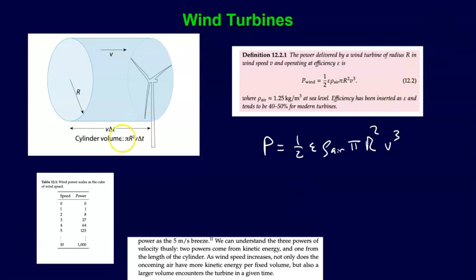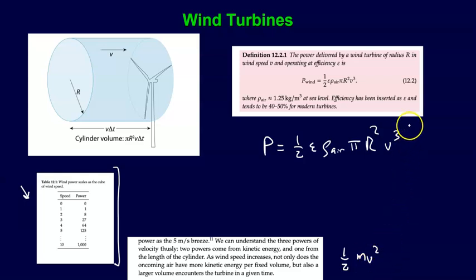And the author points out that having this go as velocity to the third is not very common. It means this thing really starts to get going at high speeds. As the speed gets bigger, it's going to be velocity cubed, and so the power is going to get bigger and bigger. The way you can think about this is from our normal equation of kinetic energy, 1/2 m v squared.